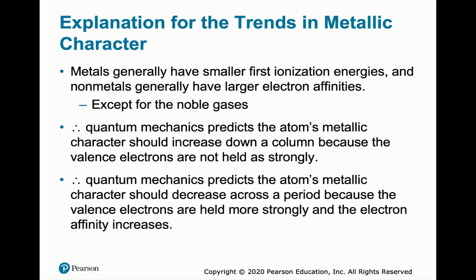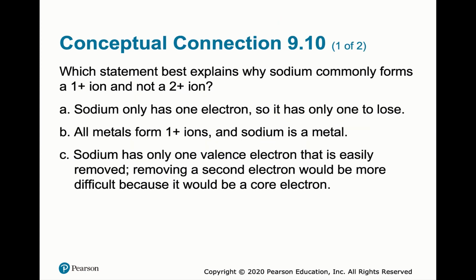Who knows if they even exist? We're not entirely sure. The idea comes from quantum mechanics. They tend to be larger in size further down the periodic table, so they tend to be to the left and down, and then it's easier to rip off the electrons. That's the trend in the first ionization energy.